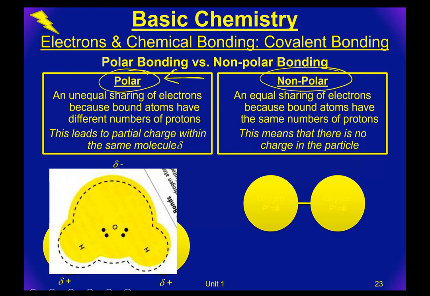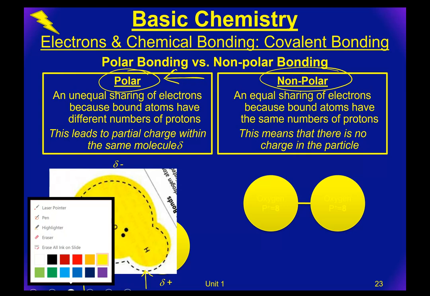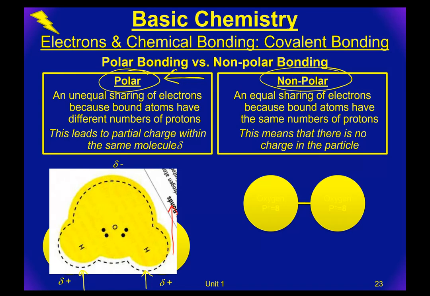So if you were to draw an electron cloud around water, see the dotted line here? That dotted line would be complete equal sharing. But when you look, do you see that shift in this direction with this yellow? That's actually that unequal sharing. Oxygen holds on to those electrons a little bit more than the hydrogens do.